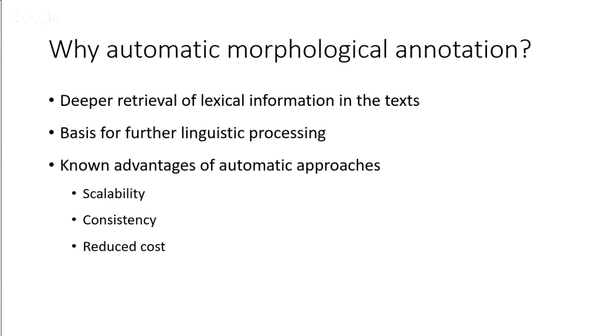What you're interested in is not necessarily the linguistic analysis per se, but extracting information from the text. Then morphological annotation allows for a deeper level of analysis and retrieval of information. So, for example, if you're a historian interested in terms around friendship in a certain time period, and you have a set of texts, you may want to search all instances of synonyms of friend, so amicus, socius, etc., in the text.